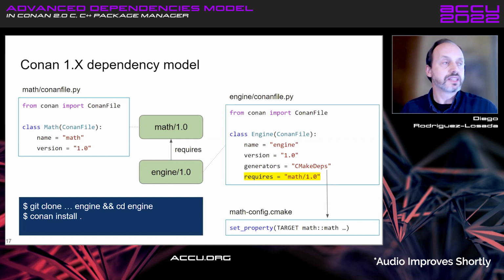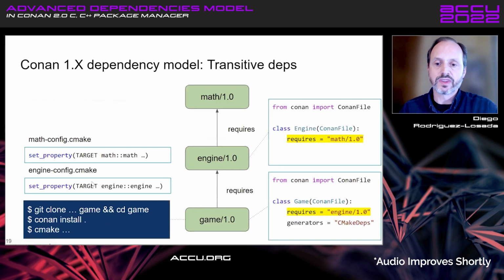This is a bit simplified, but that's the concept of how Conan works. So when the developer that is working on the engine source code, they can start running CMake, calling the CMakeLists of engine, and it will find the math-config.cmake, and it will find the math target. It will be able to link with the math library, and everything will work.